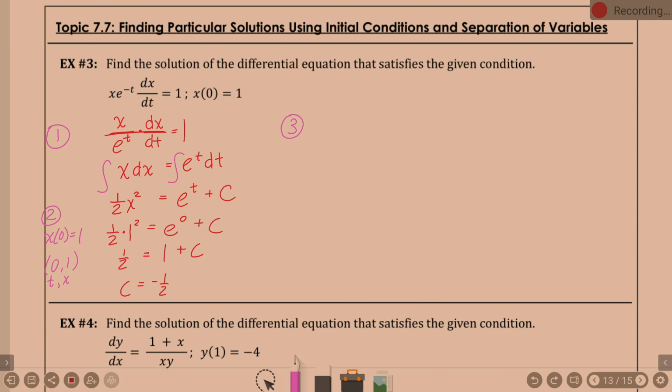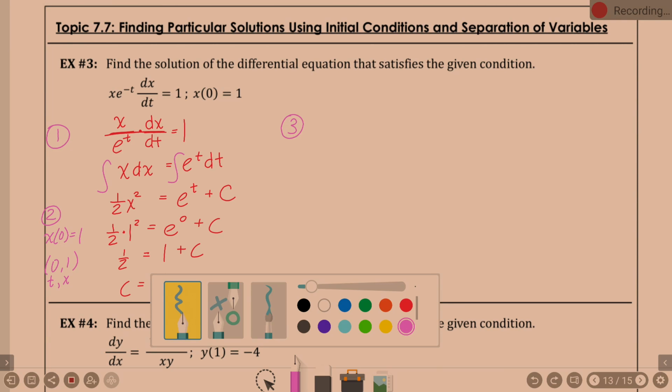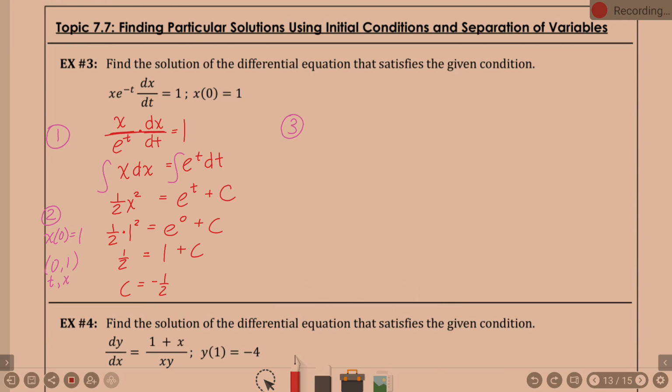I kind of solved it without talking because I feel like that's better for you guys sometimes, just do your own solving and make sure you know what you're doing. With this in mind, first of all, my general solution was 1/2 x squared equals e to the t plus c.